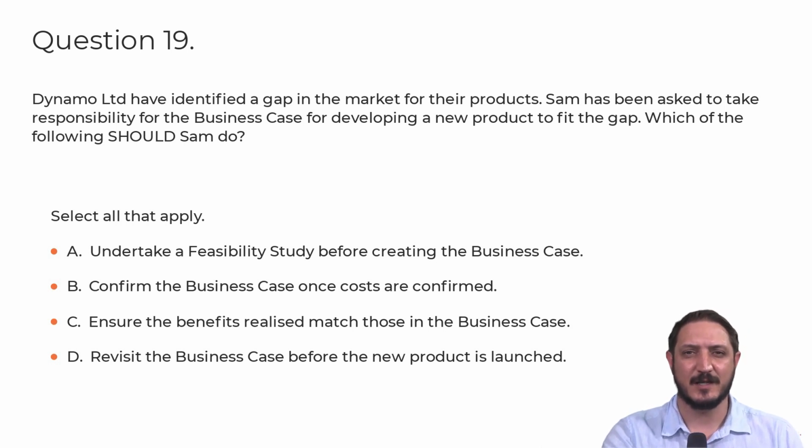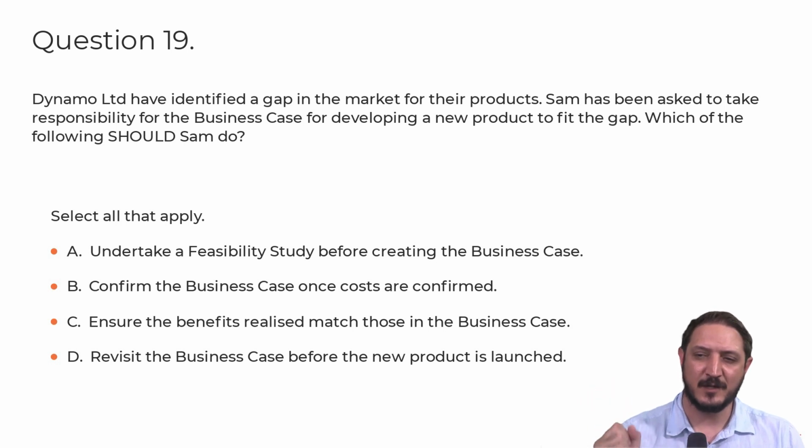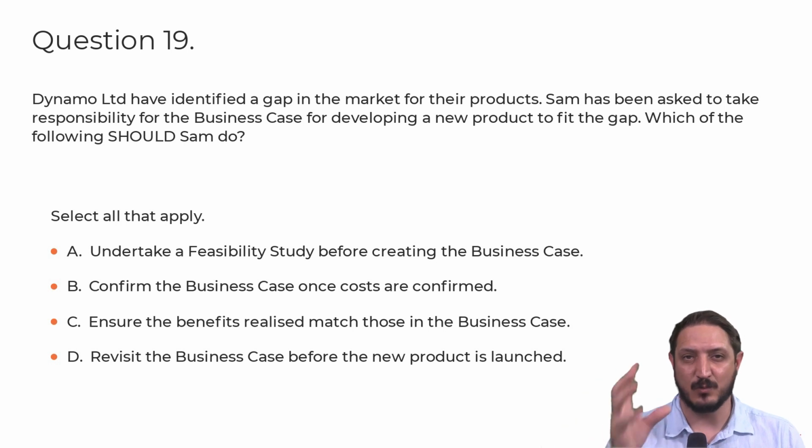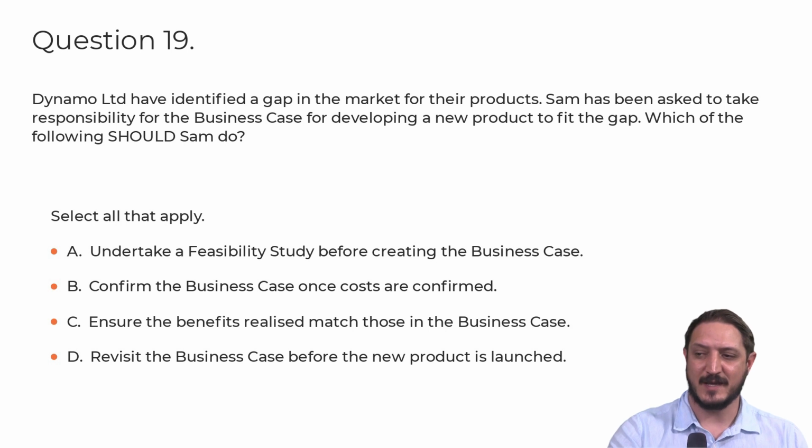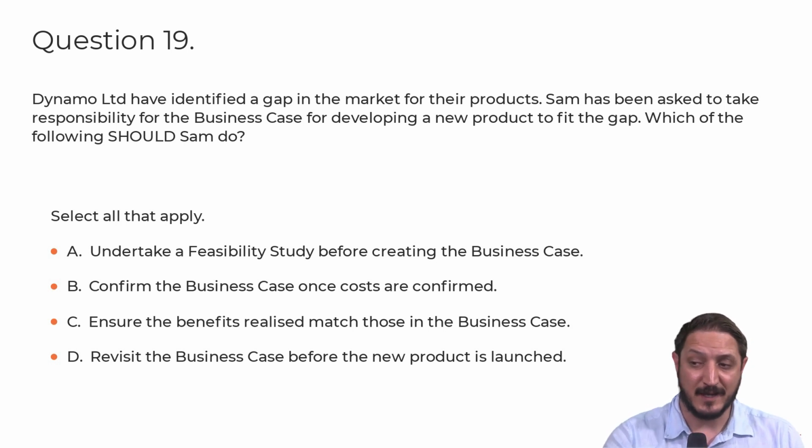We can see contextually that Dynamo Limited needs to create new products that are going to serve customers within that gap in the market. And Sam needs to take responsibility for the business case, so he's going to be presenting the solutions for these particular products. And here we're saying, which of the following should Sam do?